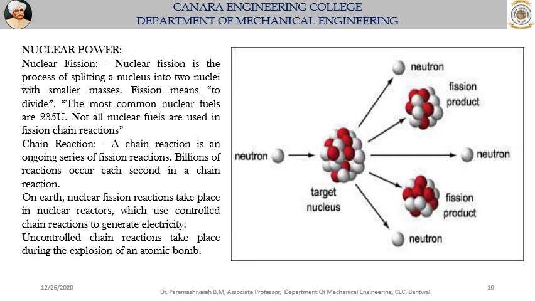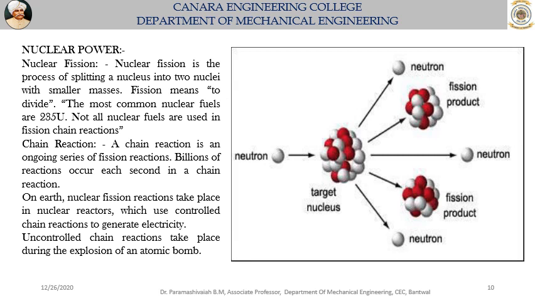Along with that, it liberates a few more neutrons. In this diagram you can see one neutron coming and striking the nucleus, and then it releases three more neutrons. These neutrons again go and strike other nuclei, leading again to nuclear fission reactions.